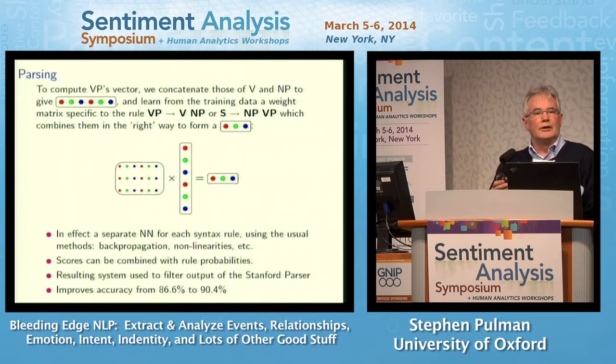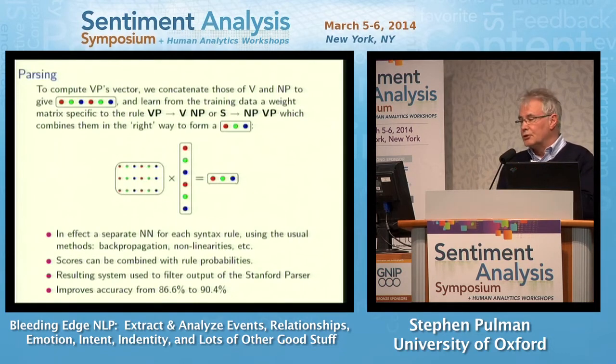So if the word vectors are n long, the combined thing will be 2n, and we need a matrix that will multiply that vector to get us back something that's n long again. And we can learn that weight matrix again using standard neural network backpropagation methods.